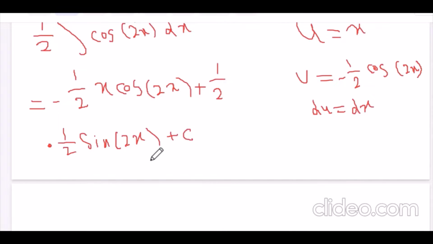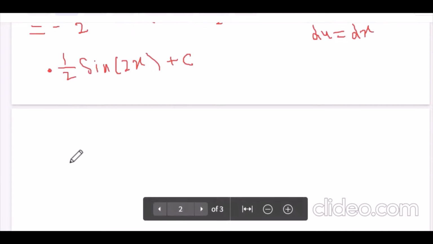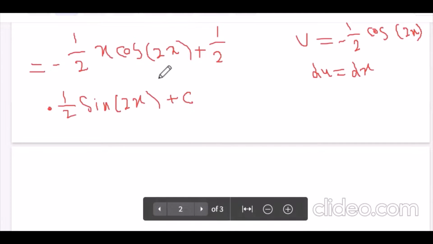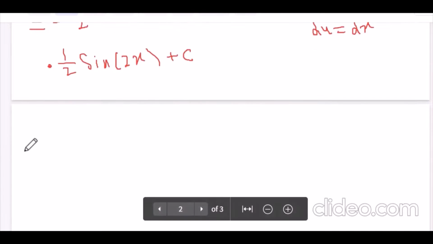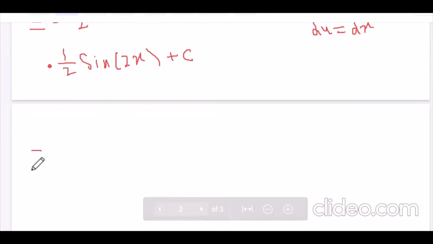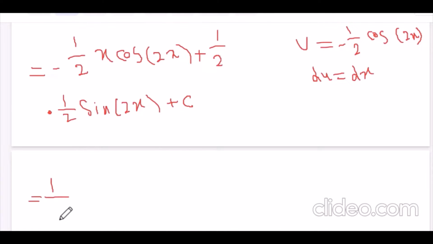So now we're going to simplify it. So how to simplify it? Here I'm going to write this as it is because we can't simplify it more than that. So equals 1 over 2 x cosine 2x.